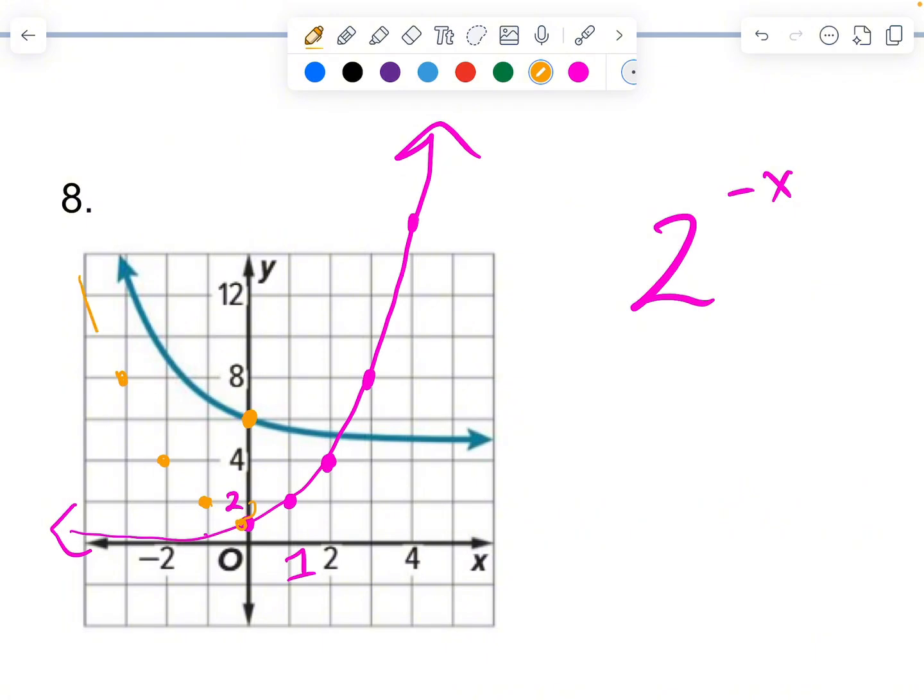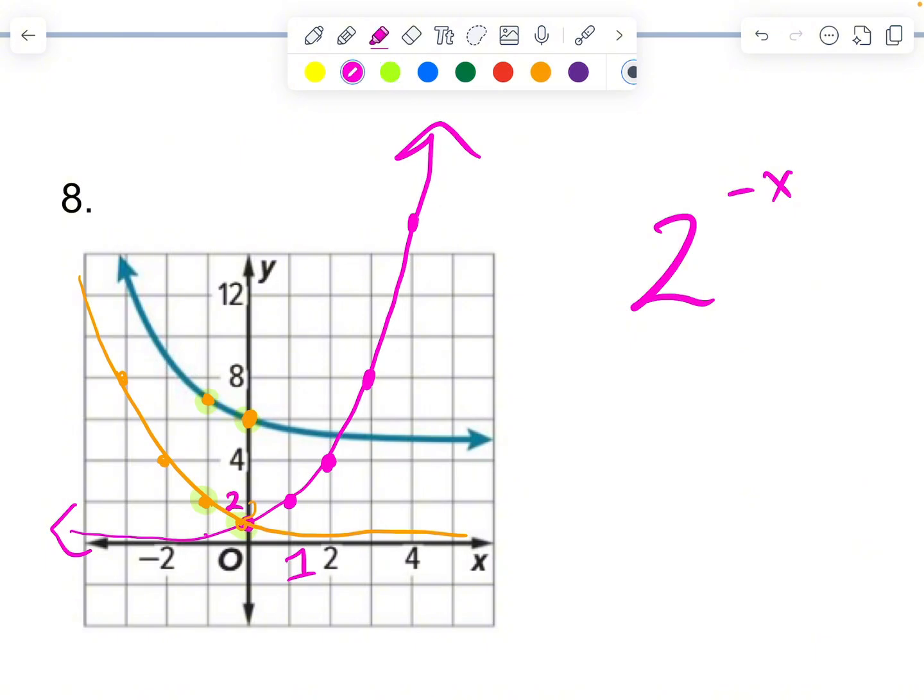Let's see. I don't like when it's halfway. Okay, so this is halfway. And that's halfway. This point to this point, it's going up by 1. Do you see how it went up by 1?